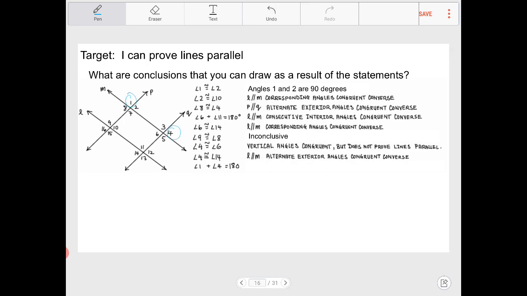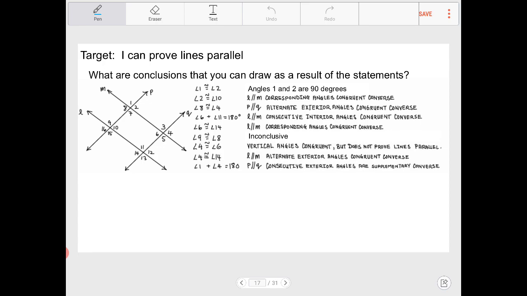Those are consecutive exterior angles to lines P and Q. So therefore I can conclude that P and Q are going to be parallel once again because consecutive exterior angles are supplementary converse.